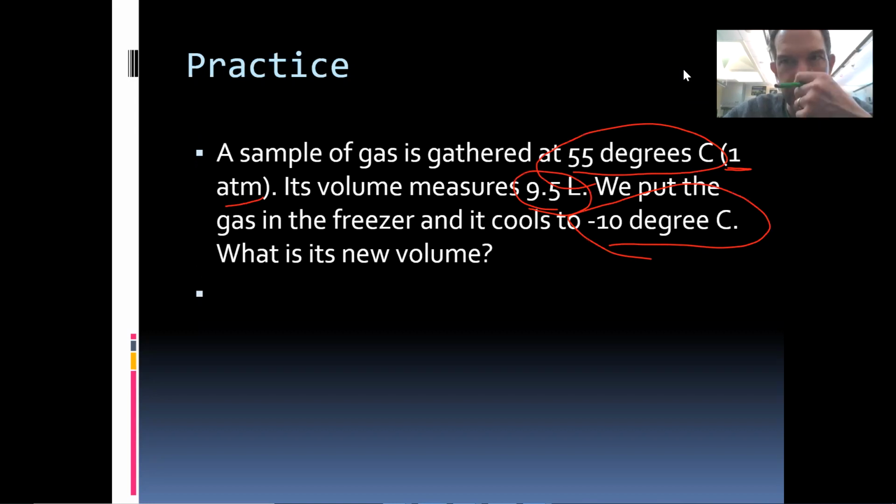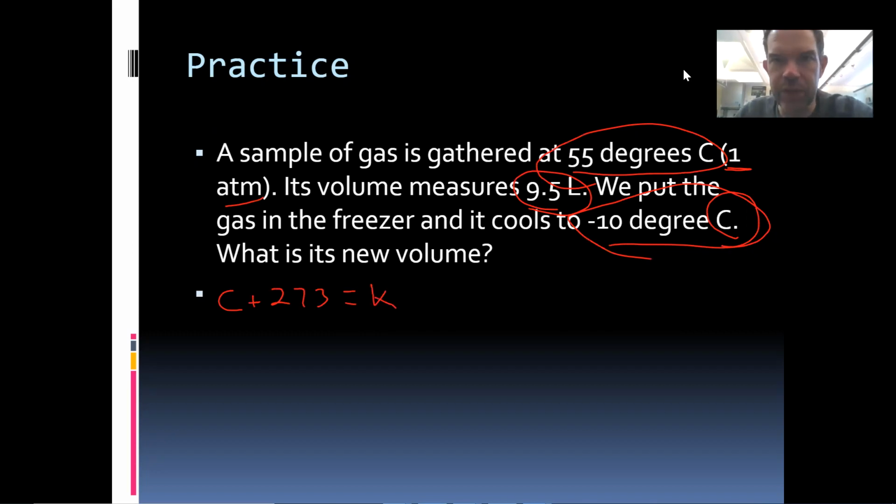In this case, we need to go ahead and convert these degrees Celsius into Kelvin. And remember, Celsius plus 273 equals Kelvin.